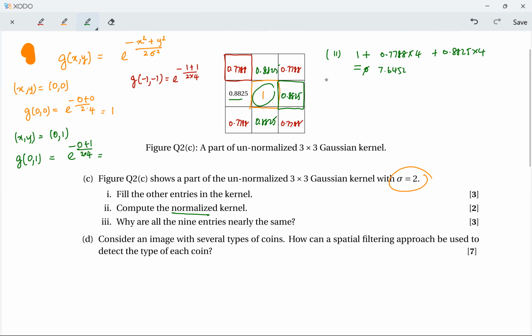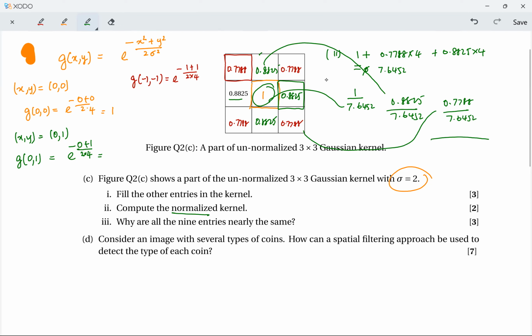So to compute the normalized version of this, we take 1 over 7.6452. The corresponding number over there is 0.8825 divided by 7.6452, and for this one it is 0.7788 divided by 7.6452. So you have to do these computations and show the normalized kernel.